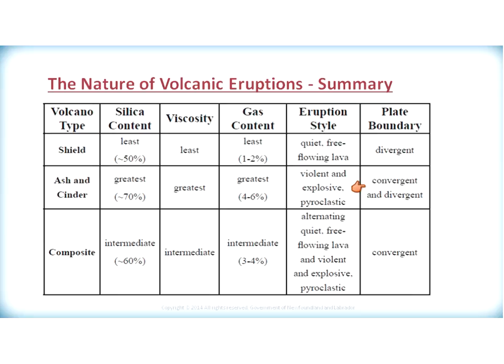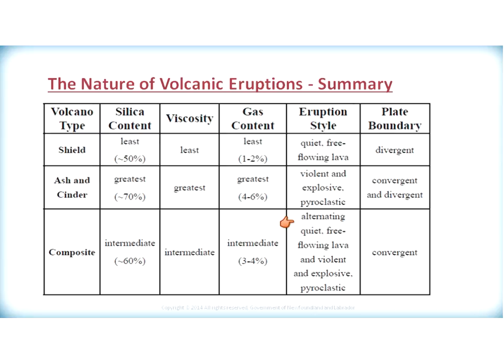The third type of volcano would be your composite volcano. Composite volcanoes have intermediate silica content and intermediate gas content. Therefore, their viscosity and gas content are intermediate.